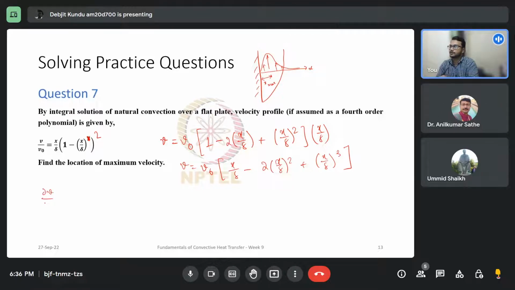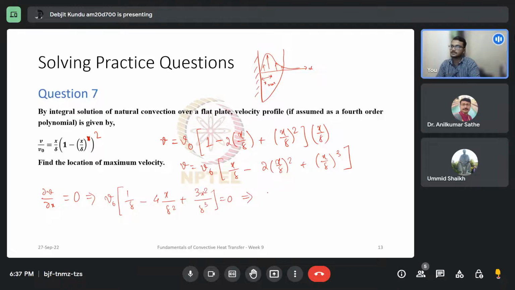If we do dou v dou x, then for maxima, dou v dou x has to be 0. So this is v naught into 1 over delta minus 4x by delta squared plus 3x squared by delta cubed, and this has to be equal to 0.